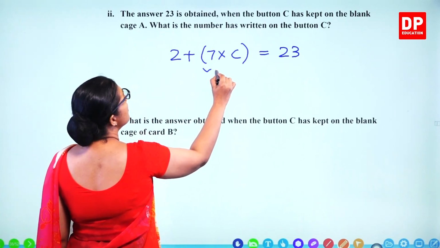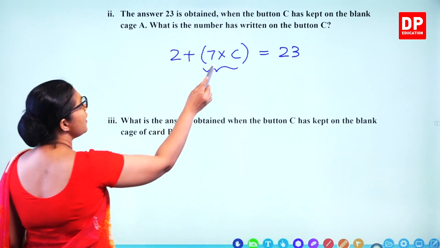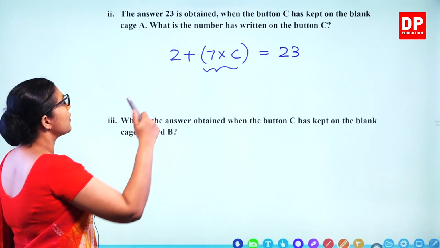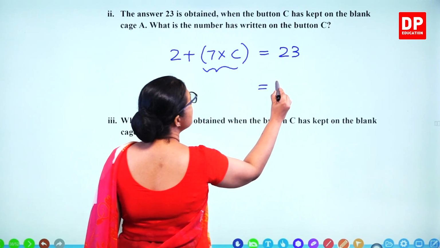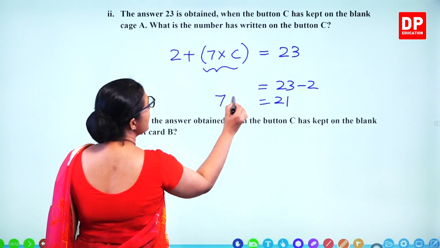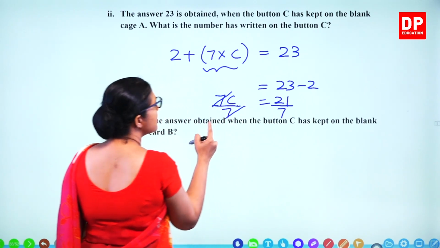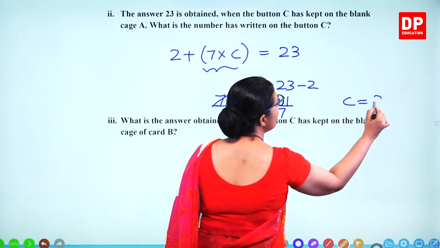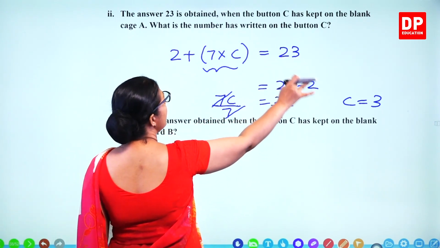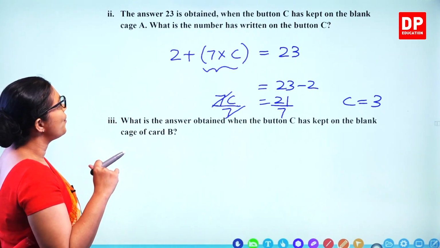If you plug in 3, you get 21 plus 2, 23. Or you can do it the reverse way. You subtract 2. So 23 minus 2, you get 21. 21 is 7C. So divide by 7, you get C equals 3. So you have to do the reverse process. Take 2 to the other side, then you get 21. 21 divided by 7, 3. So C should be 3.